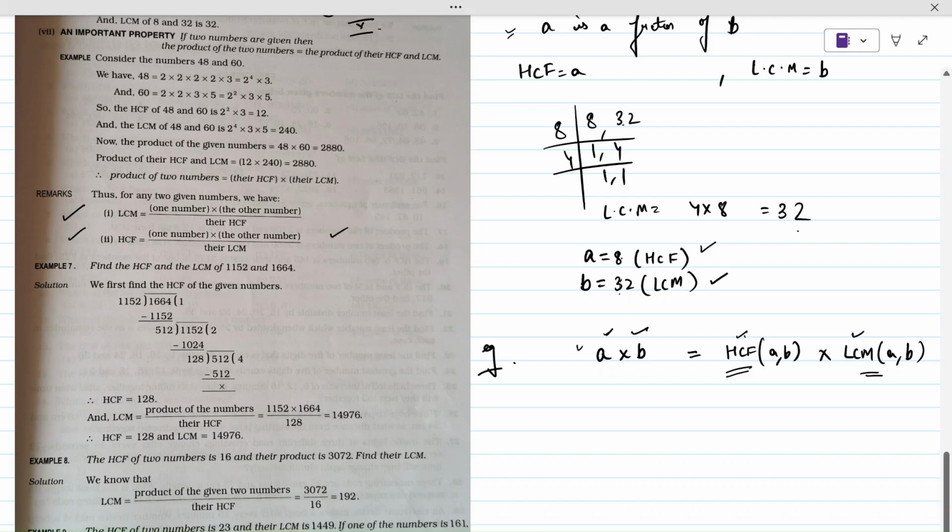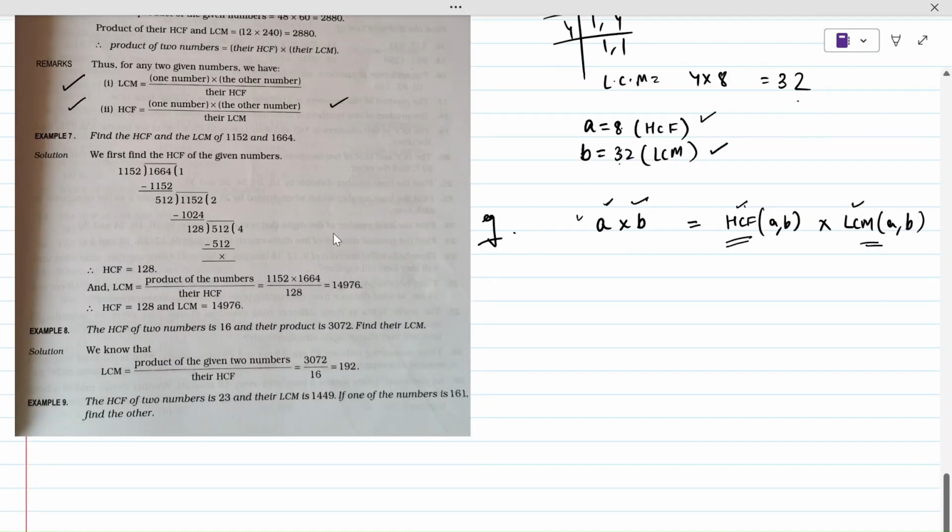Now what we have to do here is find the HCF and LCM of 1152 and 1664. So in this example, we are given two numbers and we have to find their HCF and LCM. First, we are using the division method to find the HCF.